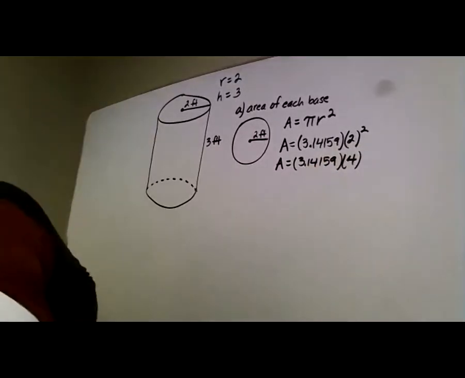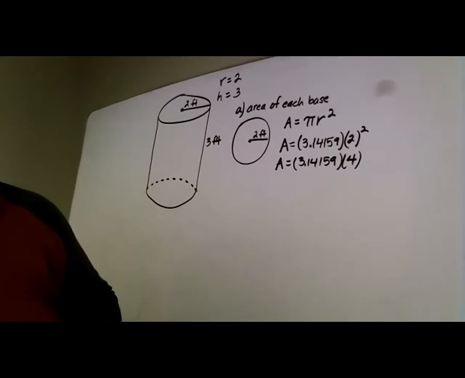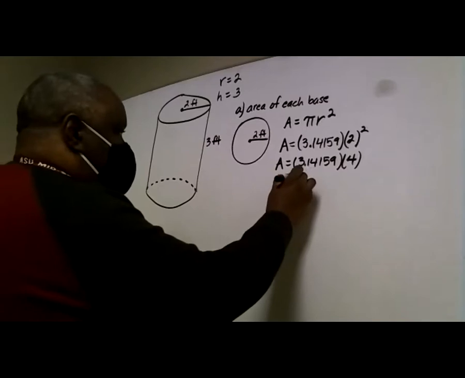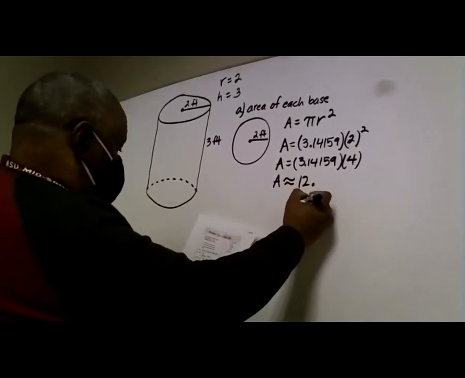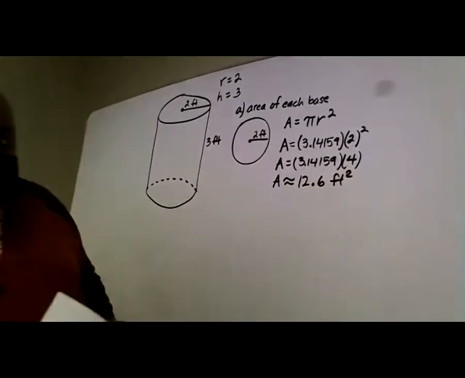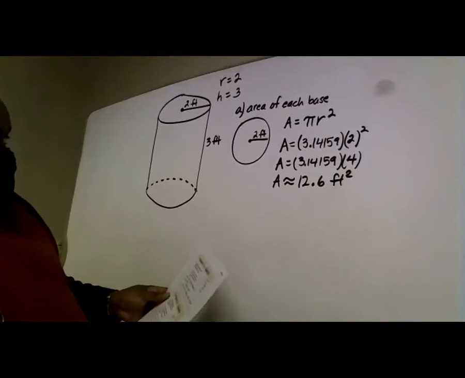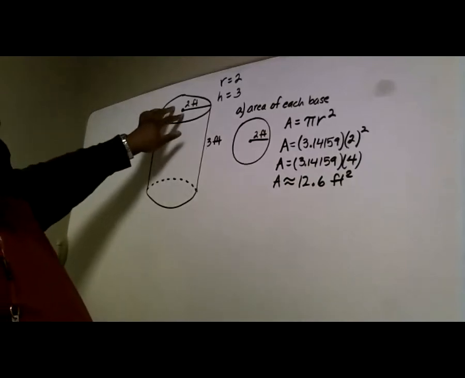And if you multiply that by 3.14159 to 1 decimal place, this will be approximately 12.6. And this is in square feet. So the area there will be 12.6 square feet. And that's only for the area of one of the bases.